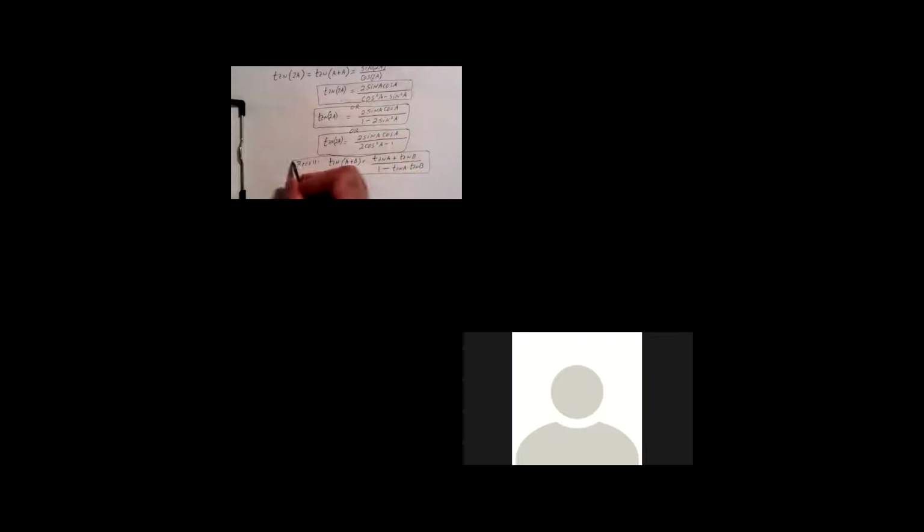We ran into this one yesterday. That's a valid identity we established yesterday. So using this identity, we could have also derived the tangent of 2 times an angle A, which is the tangent of A plus A, which is the tangent of A plus the tangent of A, divided by 1 minus the tangent of A times the tangent of A.